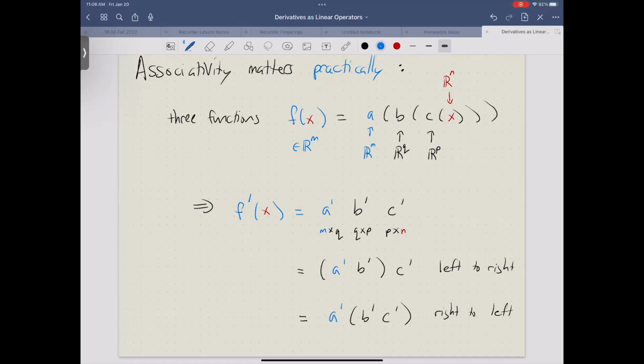It turns out it's incredibly important. This one from left to right is called reverse mode. And this is called forward mode differentiation for automatic differentiation.